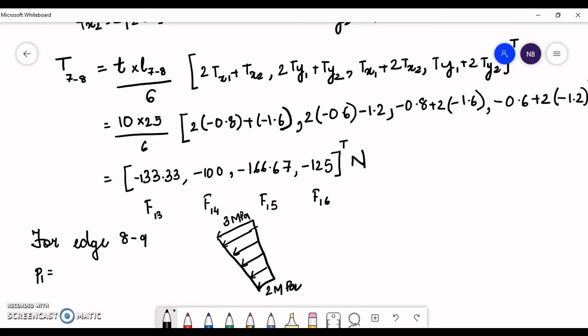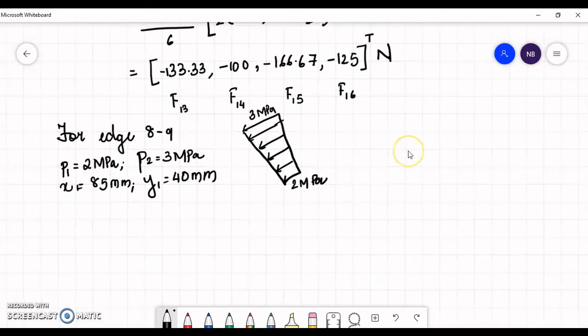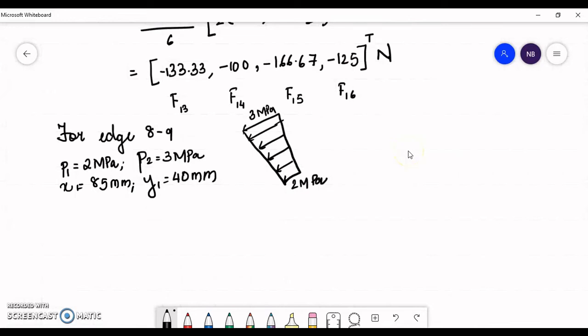So P1 is 2 megapascals, P2 is 3 megapascals, x1 is 85 mm, y1 is 40 mm, x2 is 70 mm and y2 is 60 mm.